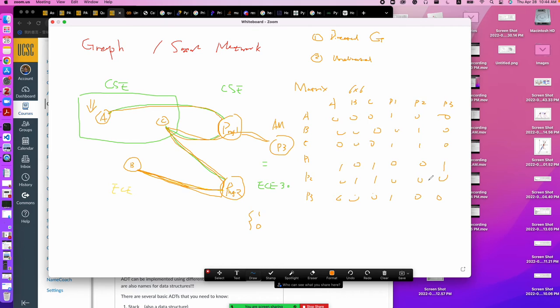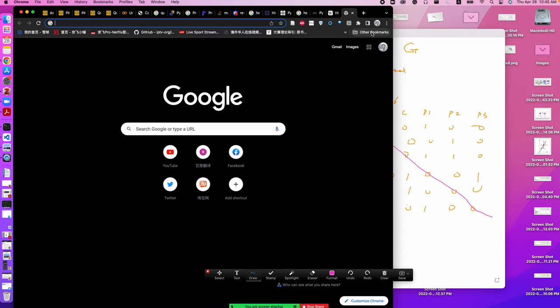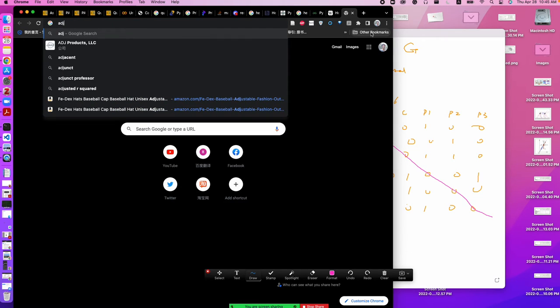So here's a quite interesting pattern. If you figure this out, that is, how do we say this? Sorry, adjacency matrix.